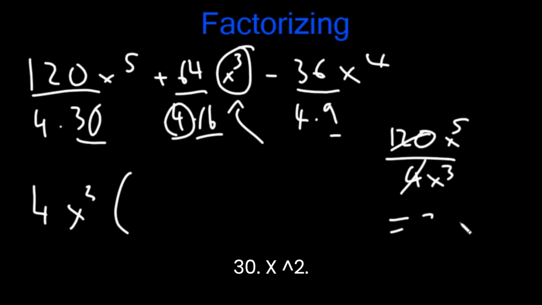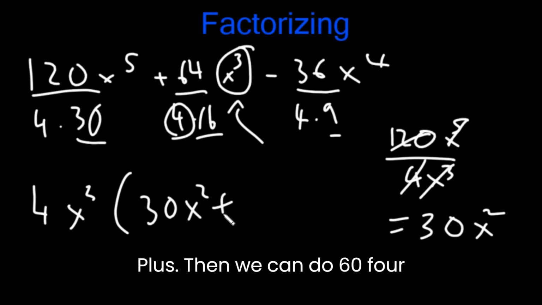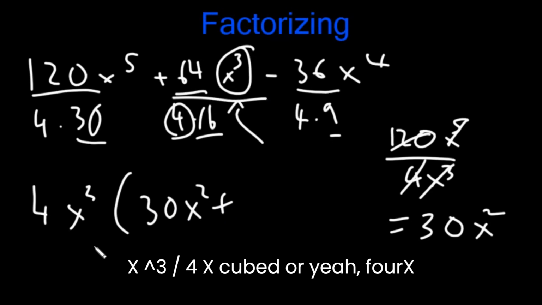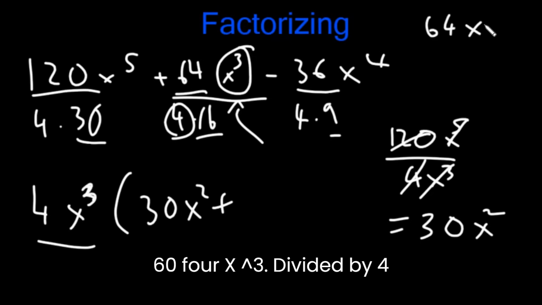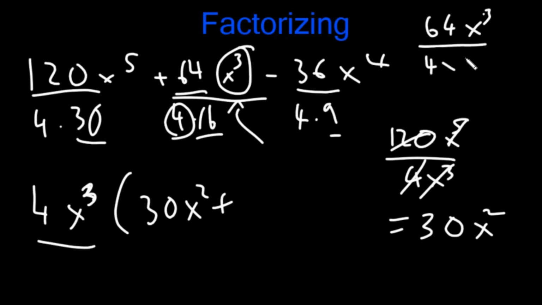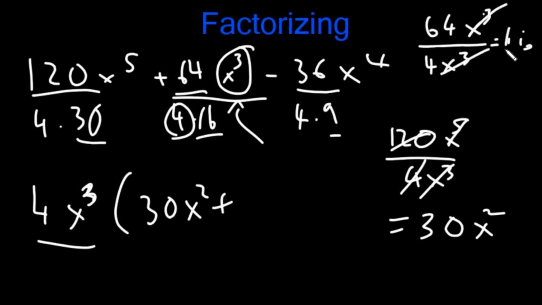So this is 30x squared. So we have 30x squared plus, then we can do 64x cubed divided by 4x cubed. The x cubes cancel out, and this is 16.